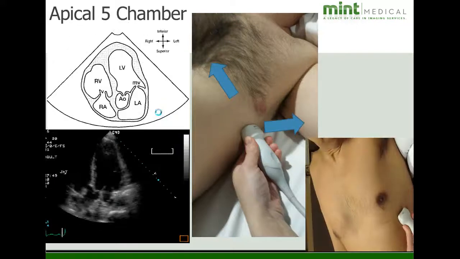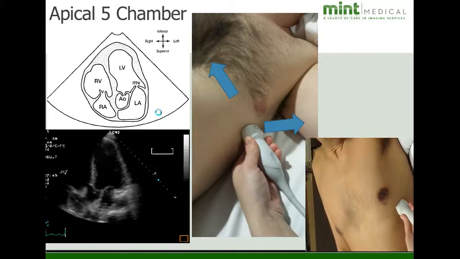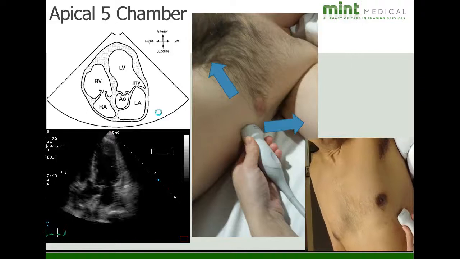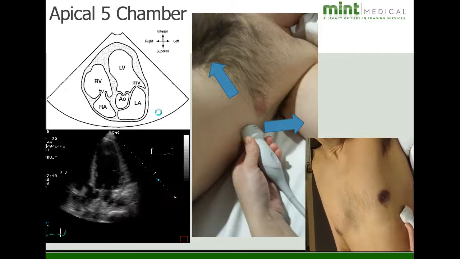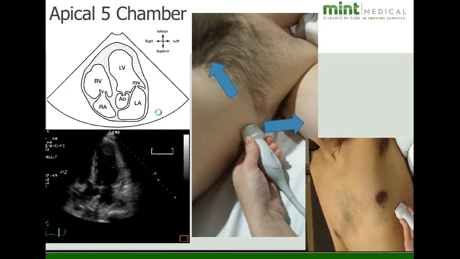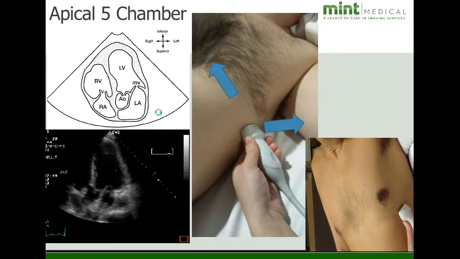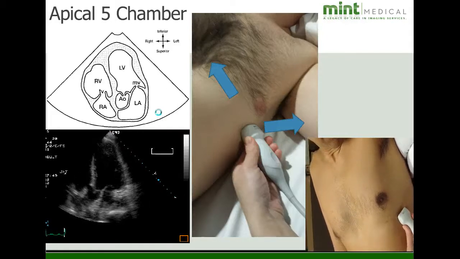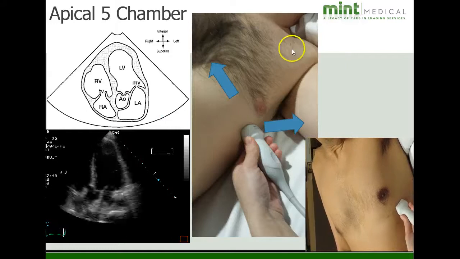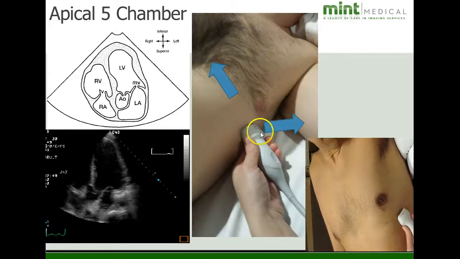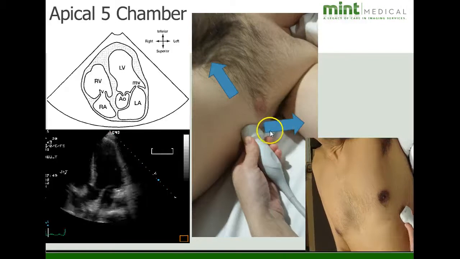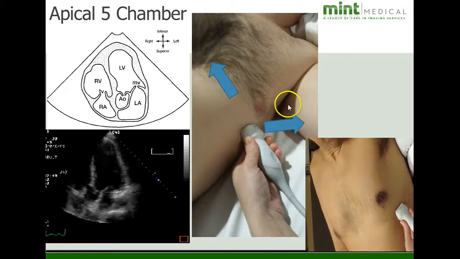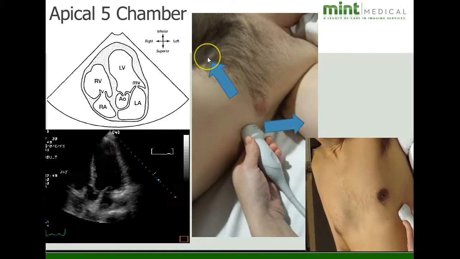The next imaging plane we'll look at is the apical 5-chamber view. Now this view is basically a slight modification of the 4-chamber view. And once again, your transducer position is going to be identical to your 4-chamber view, with your transducer indicator towards 3 to 5 o'clock and towards the patient's armpit, and you're still going to be angling towards the right shoulder.